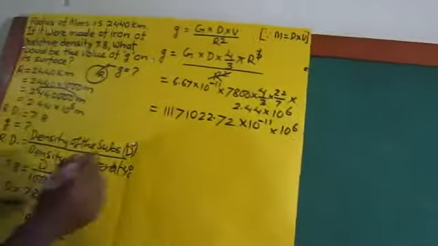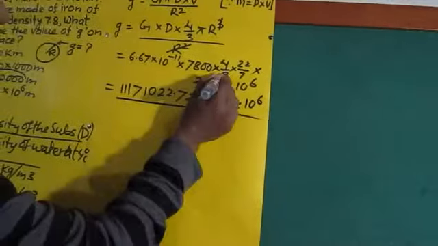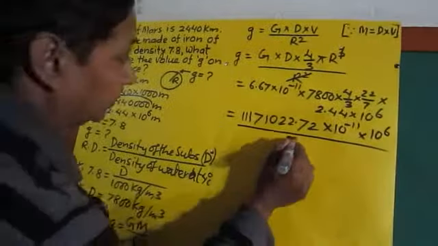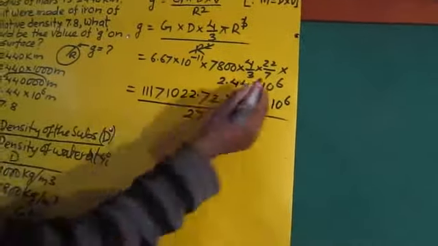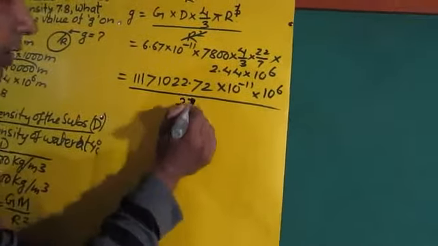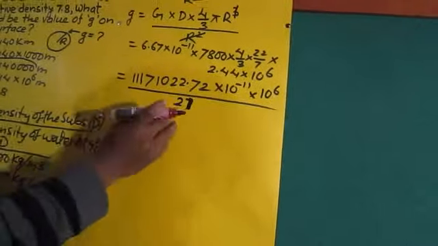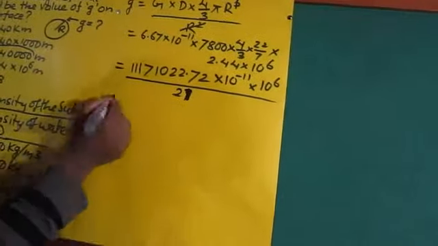Now what we have in the denominator, 3 7s are 21, sorry, 7 3s are 21. If we divide this number with 21, then what do we get?